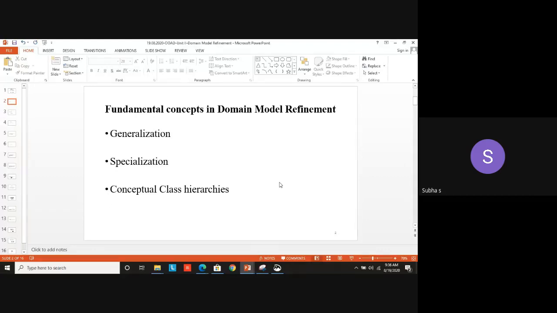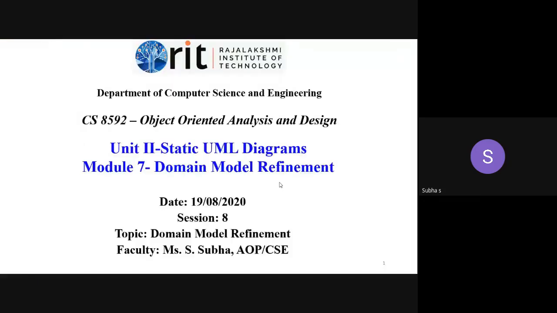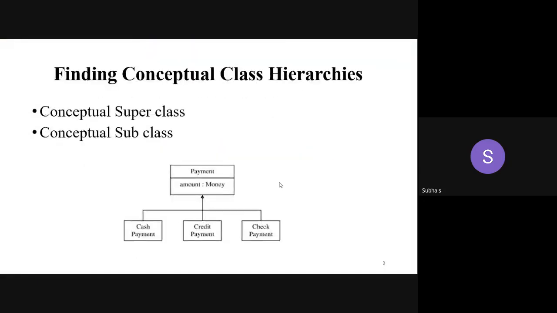It is a non-electronic device. You can have two categories: electronic devices, electronic instruments, and non-electronic components, like that. Under non-electronic components, you have what? Furniture. Under furniture, you can have what? Chair. Like that, you have to give the classification. So that is the conceptual class hierarchy. Okay, so let's see the thing.